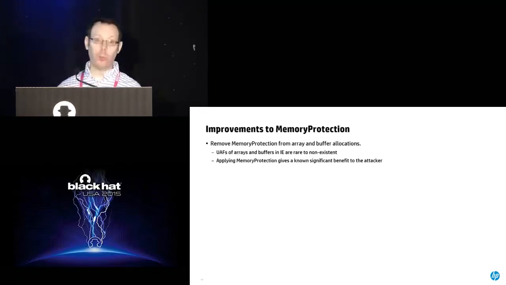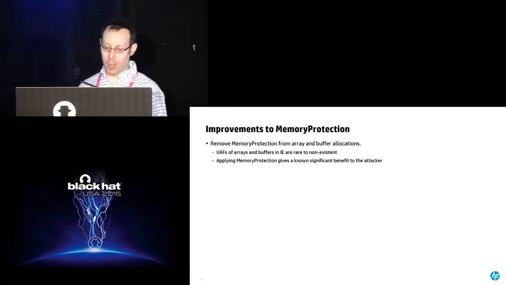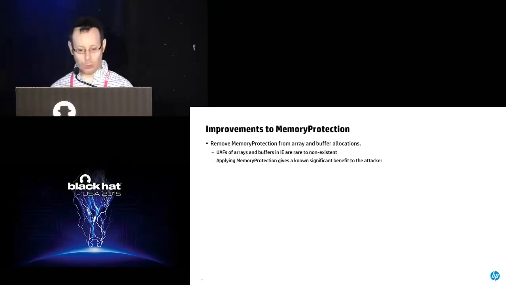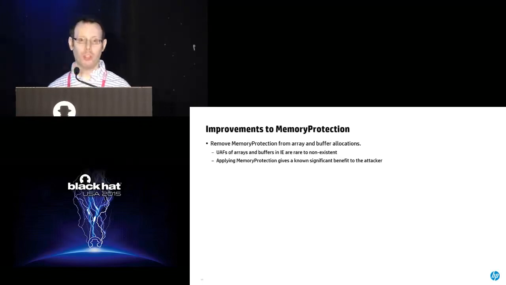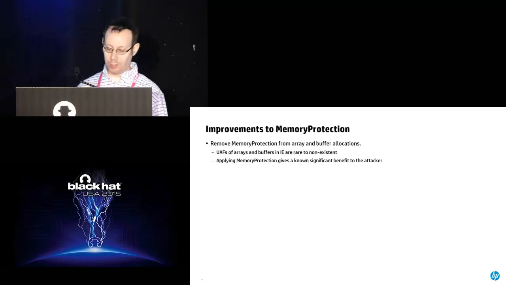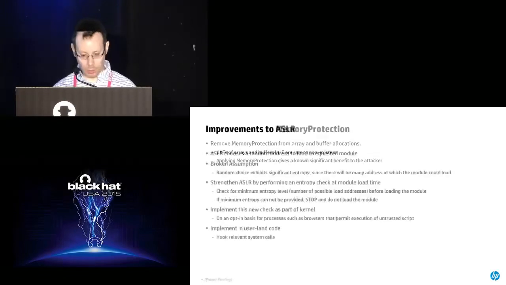Our rationale is that one almost never finds an exploitable UAF condition in Internet Explorer where the freed object is an array or a buffer. So the benefit of applying memory protection to these types is doubtful. On the other hand, we've demonstrated how it can be a very significant benefit to an attacker. We therefore feel that memory protection will be a stronger defense if applied to scalar allocations only.